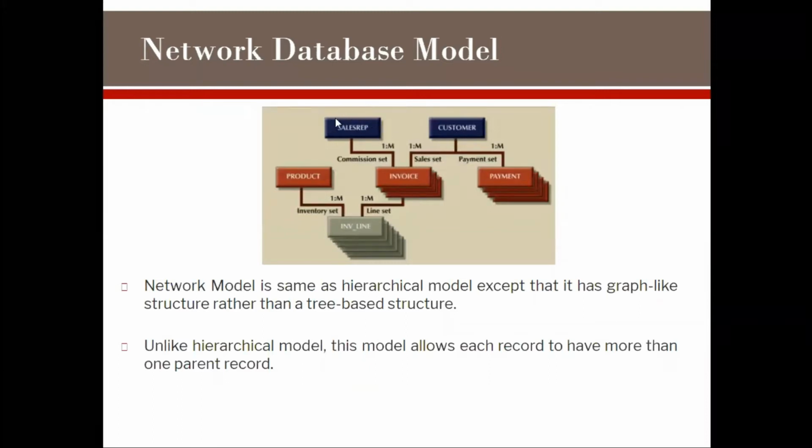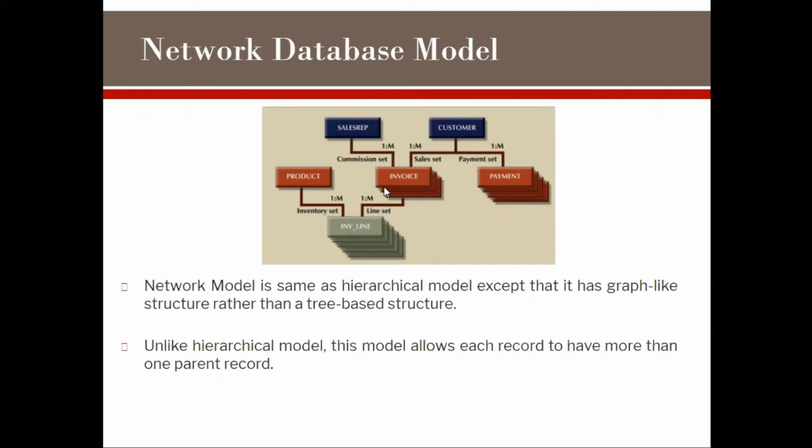Okay, one is sales ERP and the other is customer. Basically, sales persons will create your invoice, okay, and this invoice could be given to your customer. So even your customer is related, even your sales is related. Basically, this is like a graph structure, okay, rather than your tree like structure.